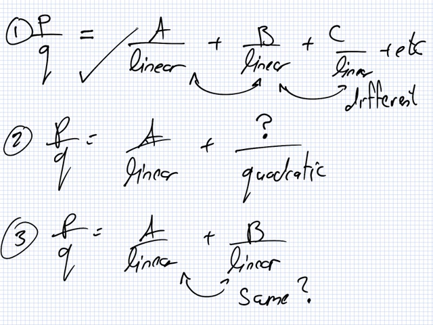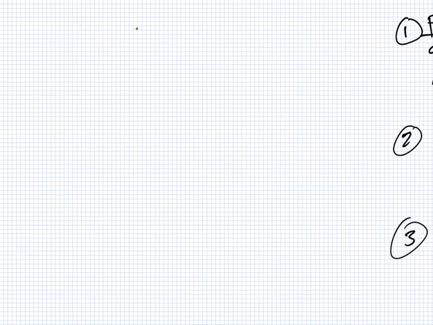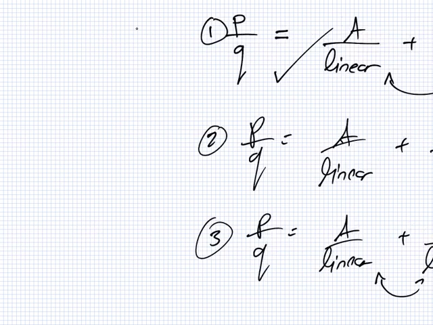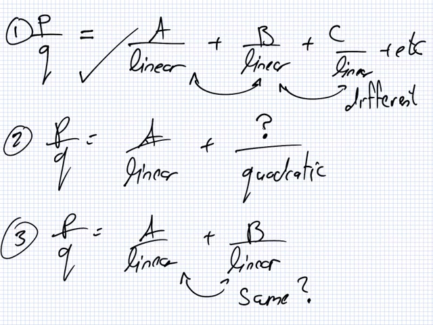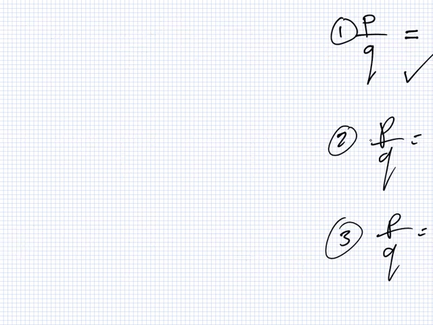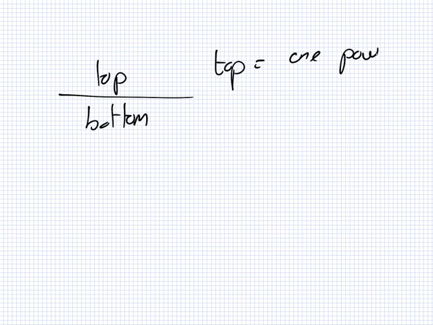So my guidelines are, in this case here, the top then needs to be a linear, like, for example, bx plus c. So the idea is, here is the bottom, here is the top, and the top should be 1 power less than the bottom.